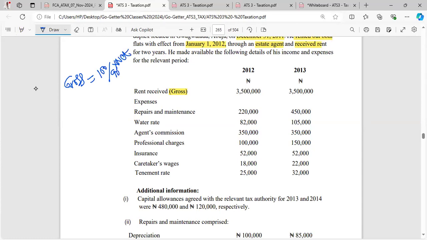That is if we are receiving net. But if you are receiving gross, then you don't need to do any workings. Now it is received gross. That means they paid 7 million, 3.5, 3.5. Now look at the expenses: repairs and maintenance, water rates, caretaker's commission, professional charges, insurance, caretaker's wage, tenement rate.